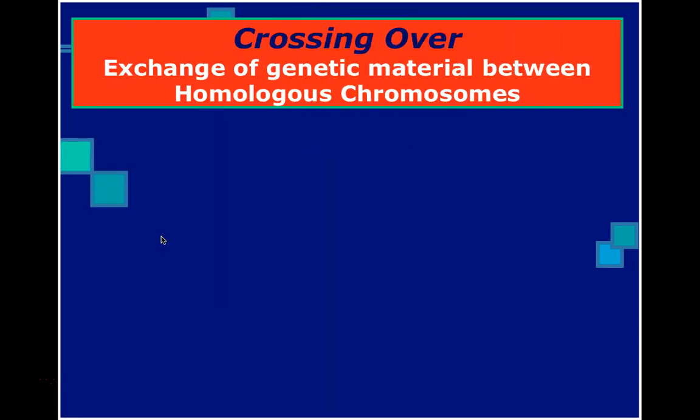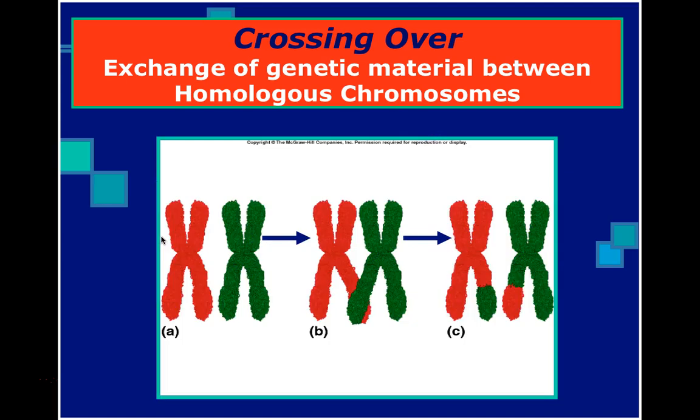Now if we take a look here, this is what crossing over is. Crossing over is an exchange of the genetic material between the homologous chromosomes. This is not a guarantee that it happens at all. This may happen once, this could happen 10 times, it can cross over and then cross back, it can cross over in multiple areas, at the top, across the bottom, but it may never cross at all.